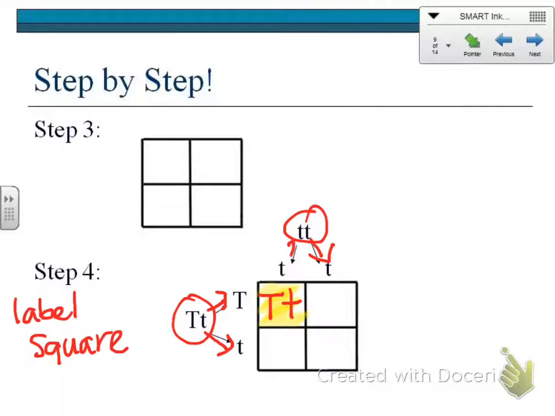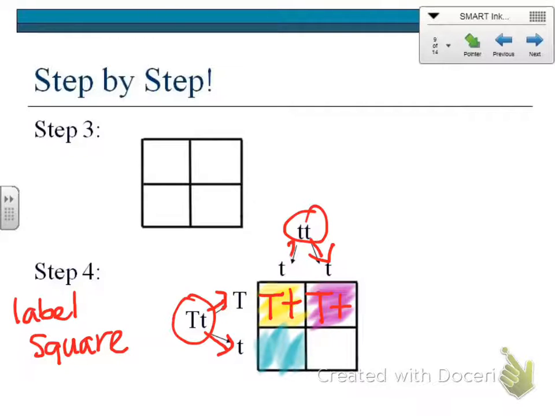All right, what about this next box right here? What's above it? What's to the side of it? Big T, so what goes in there? Big T, little t again. All right, our next box right here. What's above it?